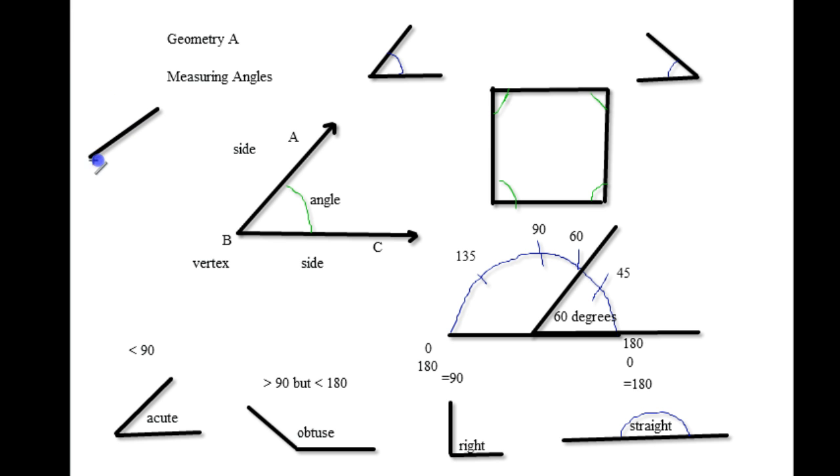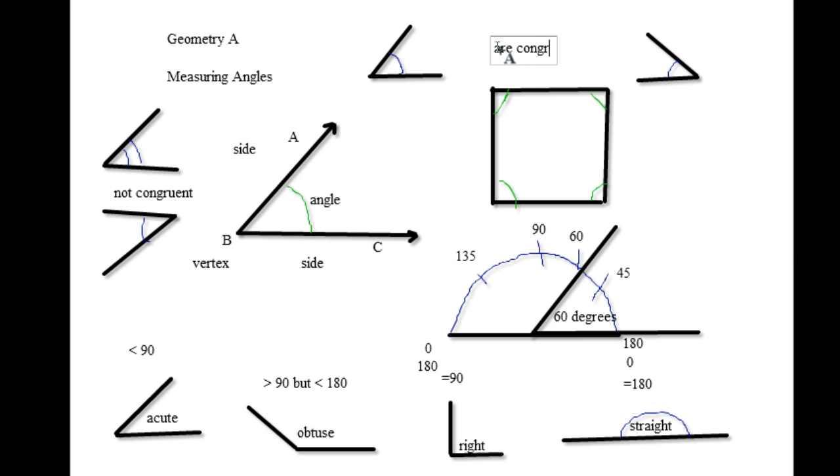However, if I drew two more angles and said they're not congruent, I use a different amount of arcs. So this is not congruent, whereas these two are congruent.